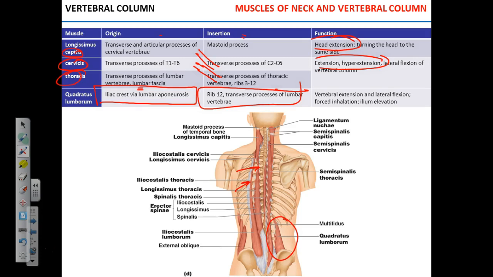Not only supports, what type of lever does quadratus lumborum work with? Is that mechanical advantage or mechanical disadvantage? Where's the fulcrum for lateral flexion of the vertebral column? Where's the fulcrum? Well, somewhere in the bottom, yeah, somewhere down in the lumbar vertebrae.